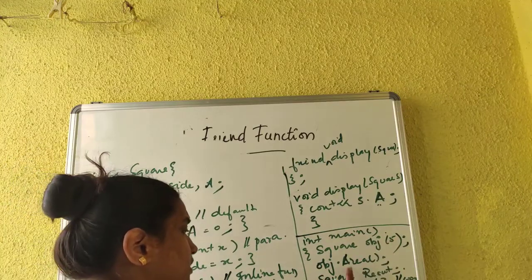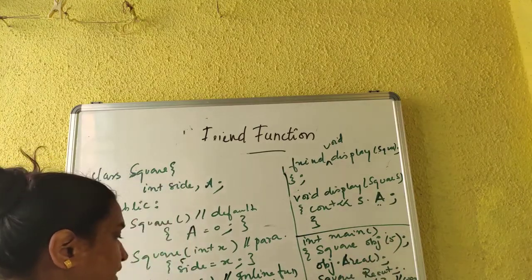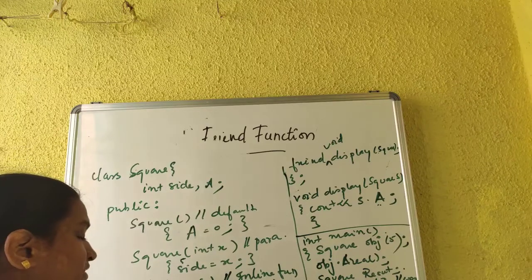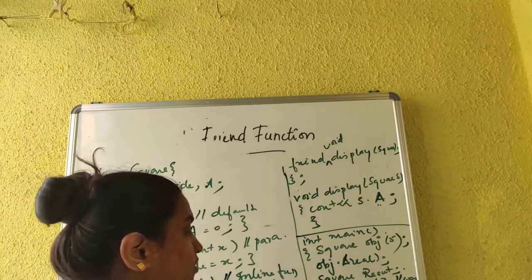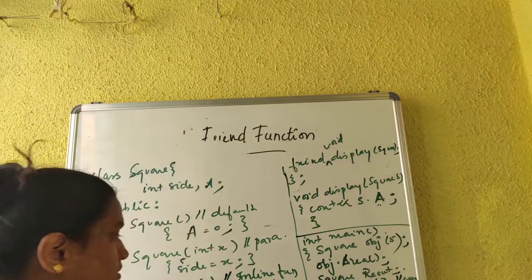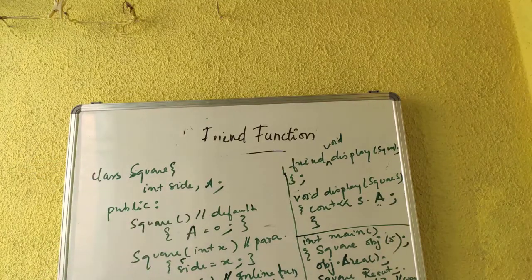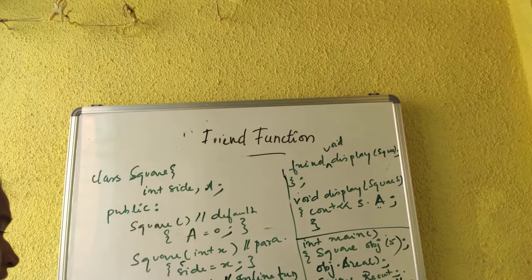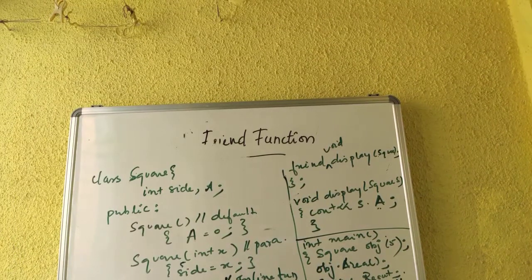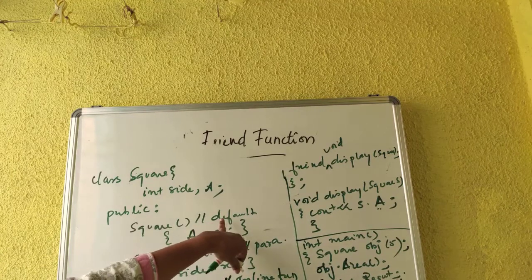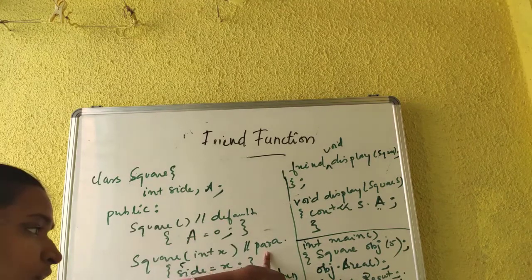When I called the area function, 5 became 5 into 5, so A got the value 25. So when I call the friend function here, it should display 25. So this is an example of code using a friend function and an inline function where the function is defined inside the class. You have a default constructor and a parameterized constructor.